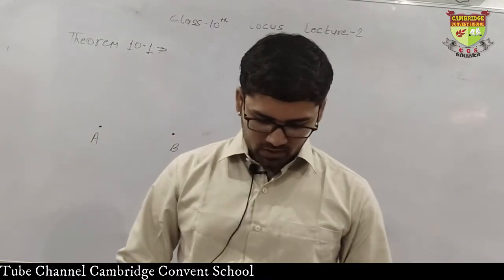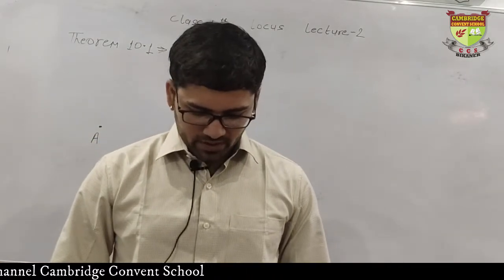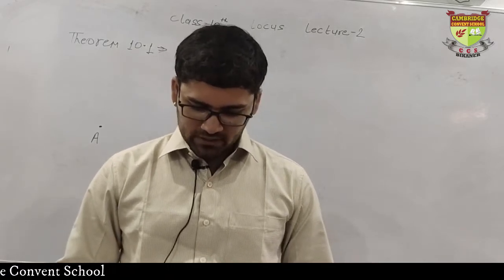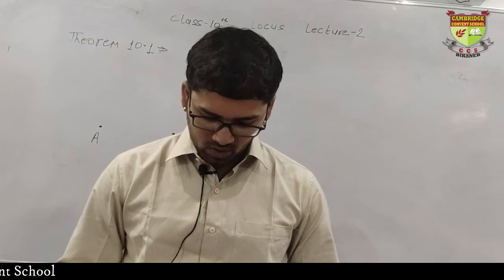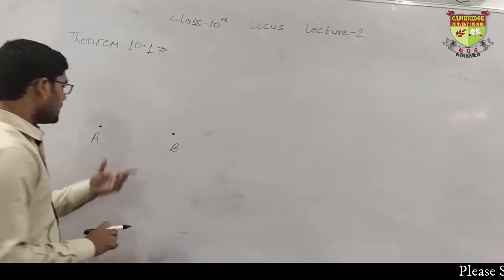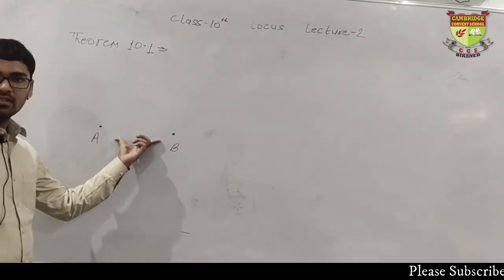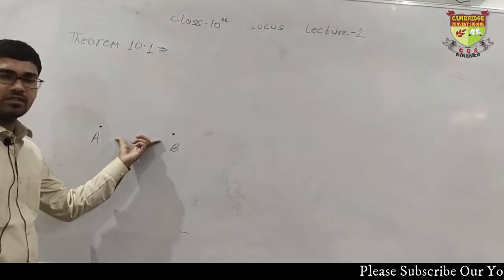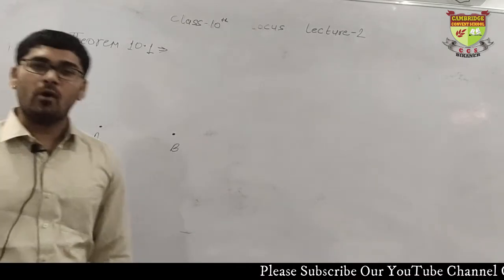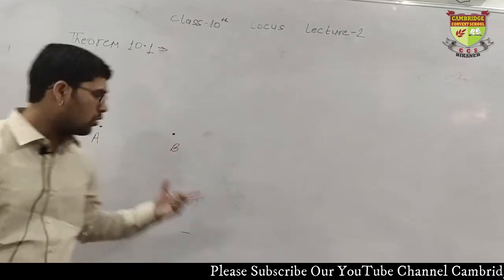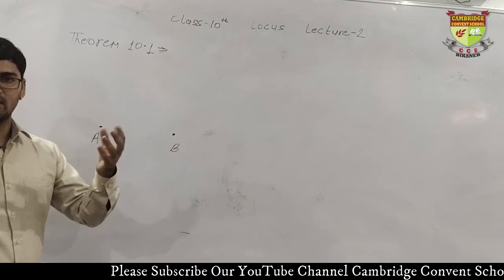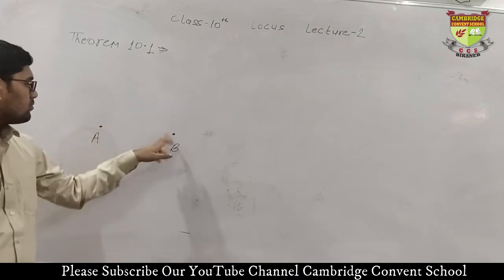The locus of a point equidistant from two given points is the perpendicular bisector of the line segment. So what will be the locus of these 2 points? We have to find points at equal distance from both these points.